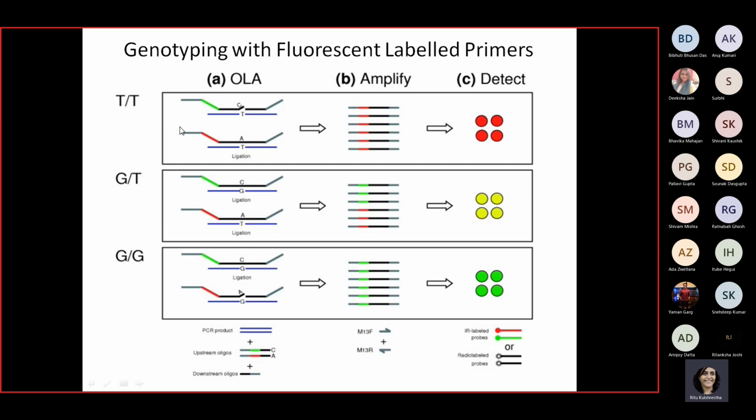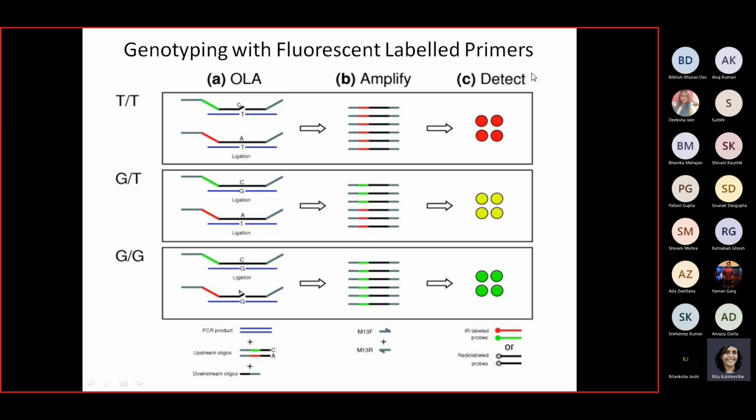So if you perform the PCR after ligation and all those things that I told you, using M13 forward and reverse primers, then it will only amplify this particular product. So what I will get is the product of this big size for a ligated product. So if I finally see a red color, I can assume that in the original DNA at this particular position, the T nucleotide was there.